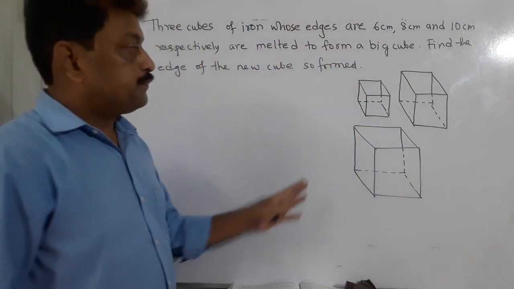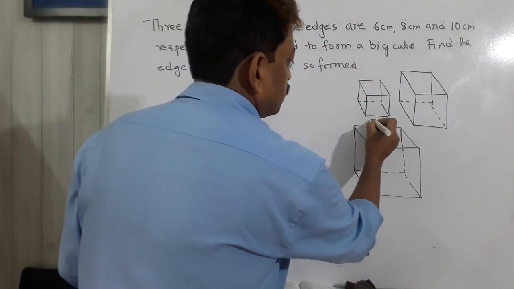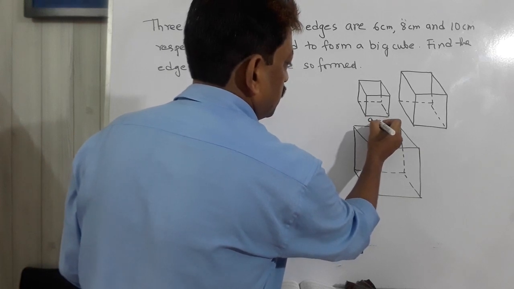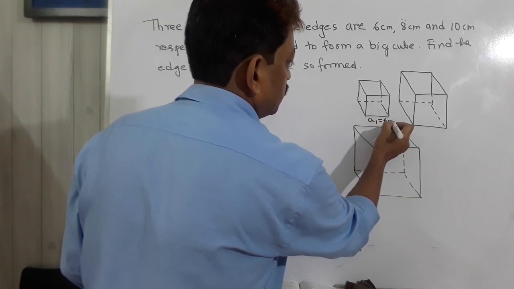There are three cubes whose edges, suppose A1 is equal to 6 centimeter.